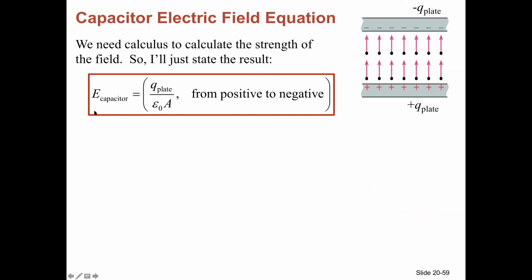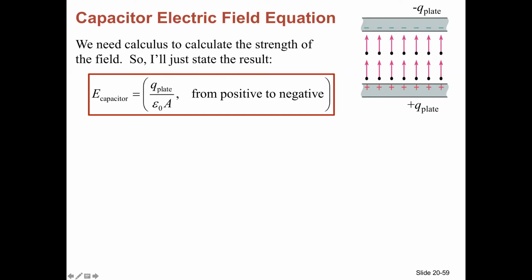So the strength of this electric field in units of newtons per coulomb is proportional to the charge we have on the plates. In our model, the charge on one plate and the other are always going to be equal in magnitude. One will have a negative sign, one will be positive, but we're going to take the magnitude, that means just the number, not the sign. So you could think of it like the charge on the positive plate here in the numerator.